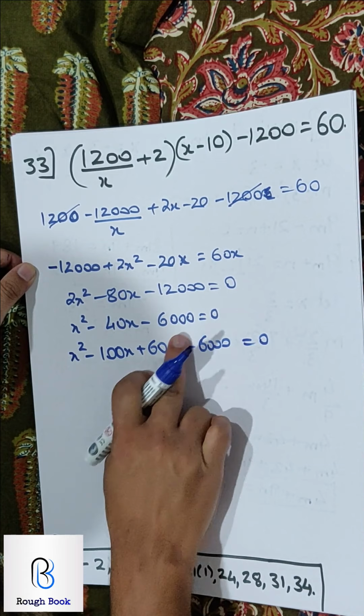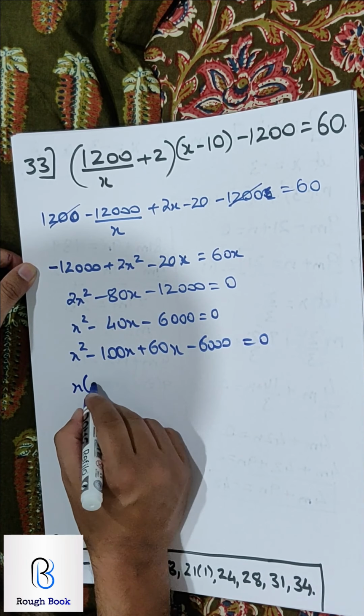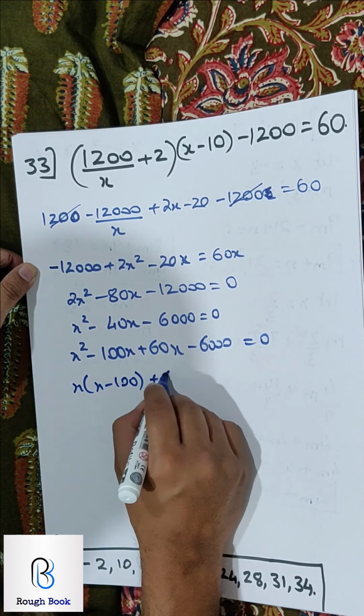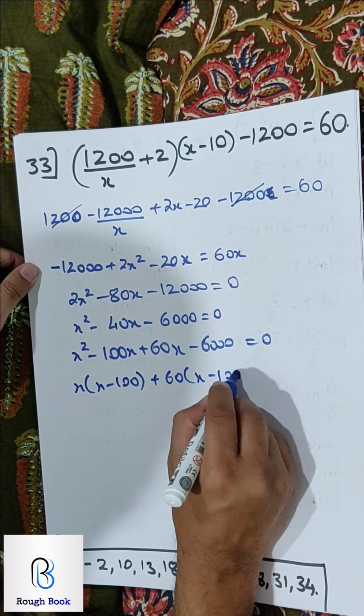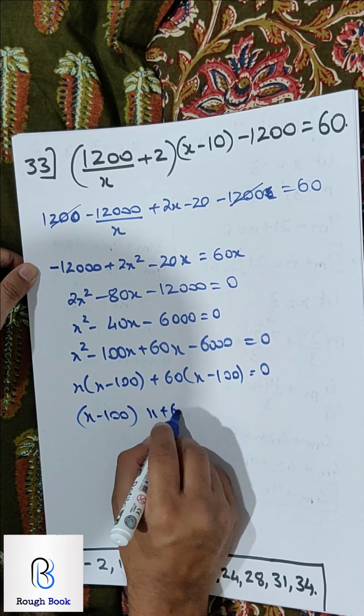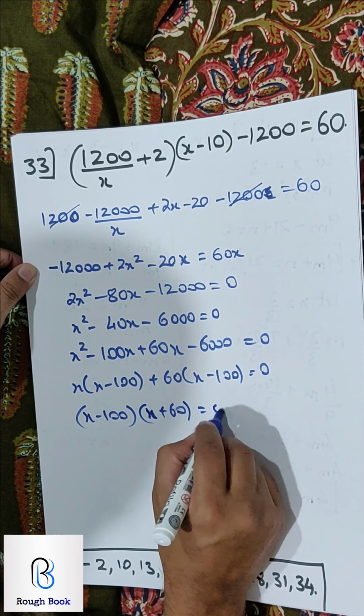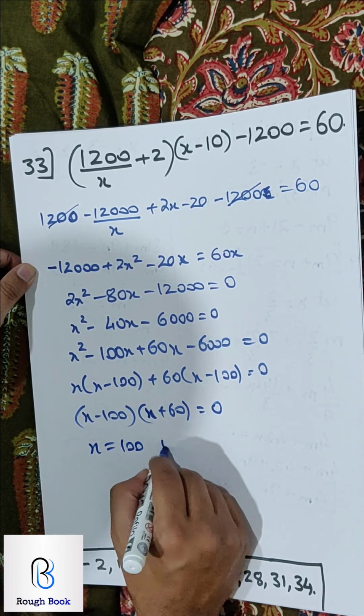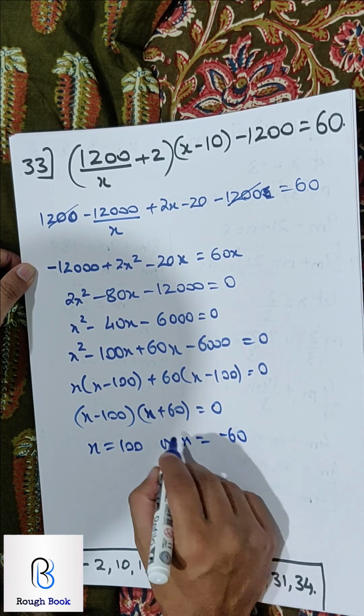So 100 into 60 is 6,000, 40 I get here. X common, x minus 100, plus 60 common, x minus 100. So I will get x minus 100, x plus 60 as 0. So x will be 100 or x will be minus 60.